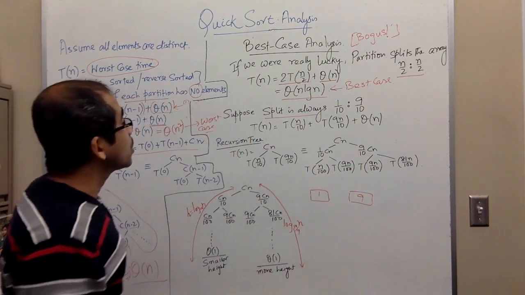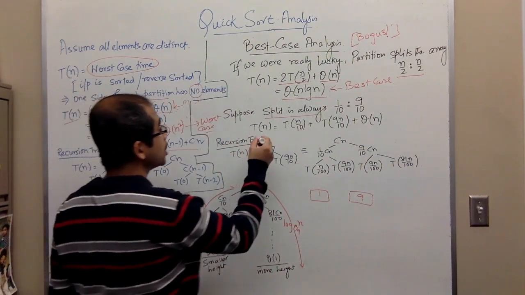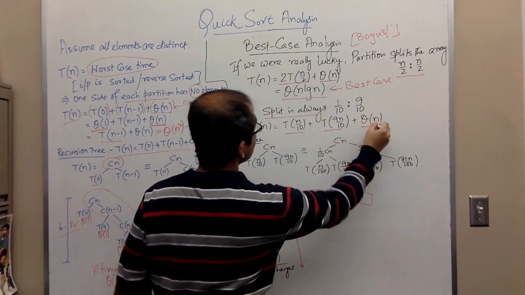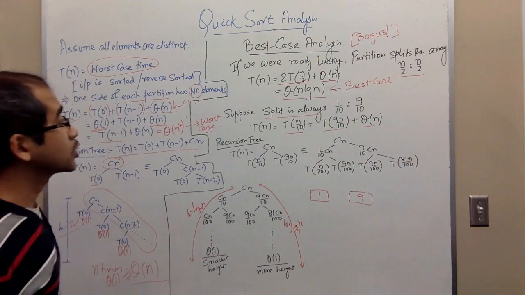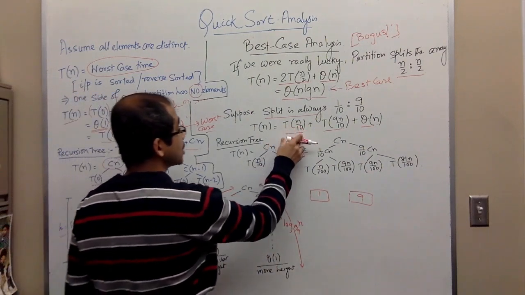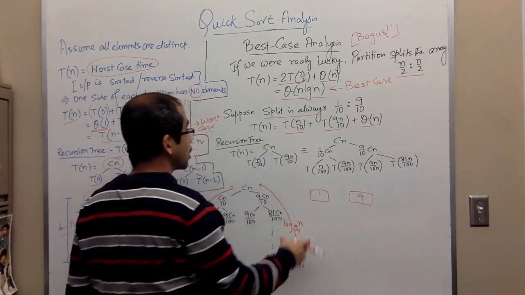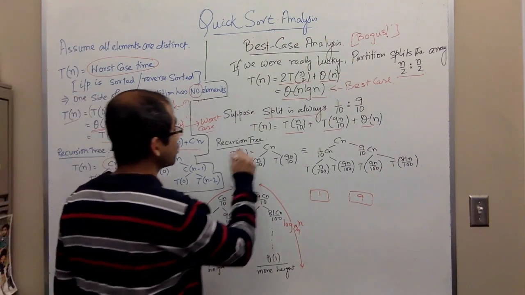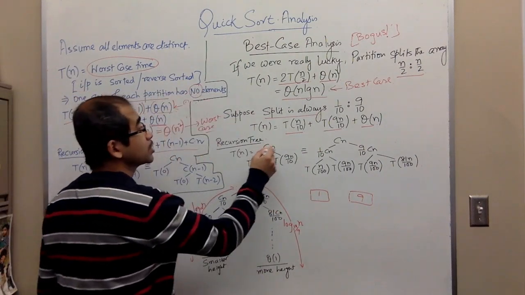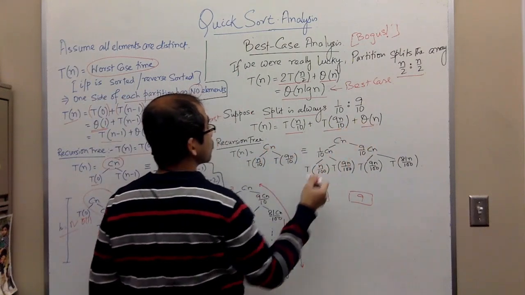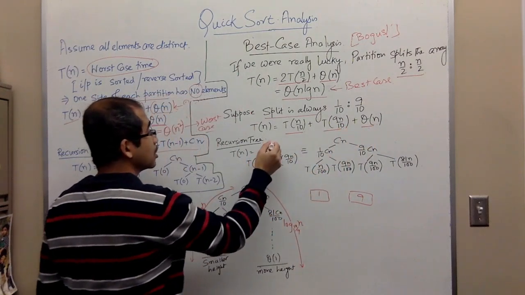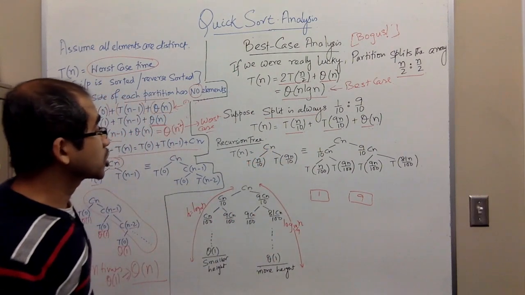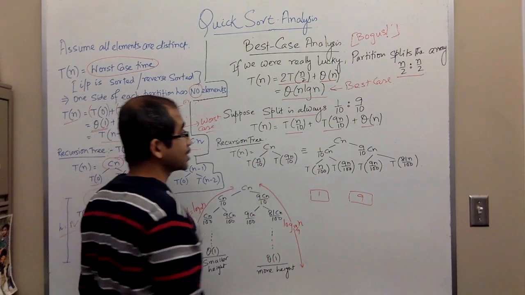Let's show it. So what will be the recursive relation? T n equal to T of n by 10 plus T of 9n by 10 plus theta of n, the housekeeping. So this is the recursive operation. We keep doing this on the n by 10 elements, and when we do the recursion tree, you know that Cn, which is the constant on the theta n, will be the root, and the two children will be the two recursive operations, T n by 10 and T 9n by 10.